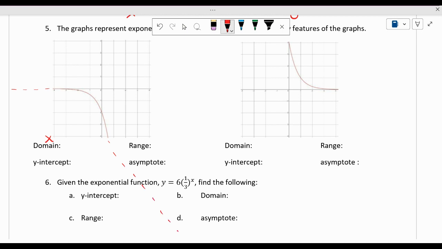Because it goes on forever, that means it's going to hit every x value. This is -4, it's going to hit -5, -6, -100, -1000, and it's going to keep going. Down here, it's going to hit 2, and then 3, and then 4, because we're going this way.